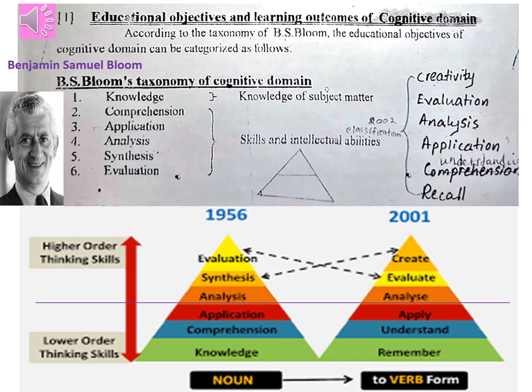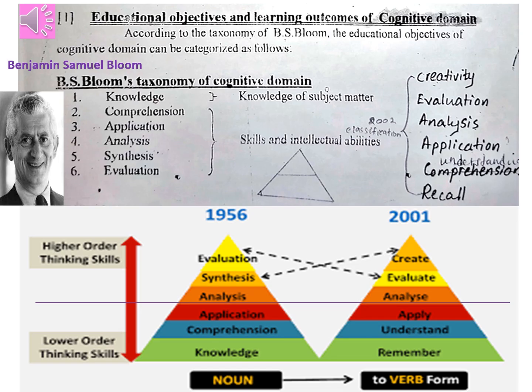Down there you see lower order thinking skills. Another name, lower order cognitive abilities, right? You can see a purple line across the triangular. Those three steps, knowledge, comprehension, and application, belong to the lower order cognitive abilities, thinking skills.